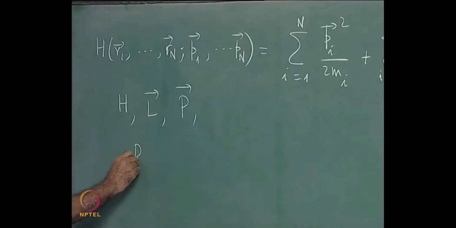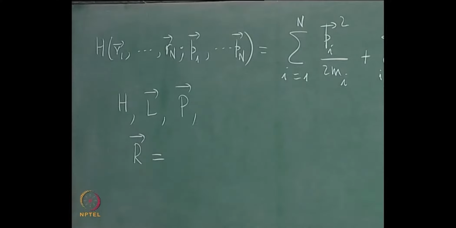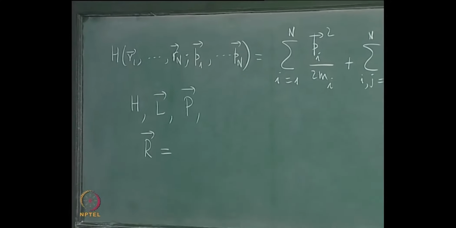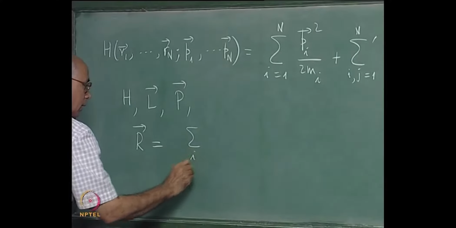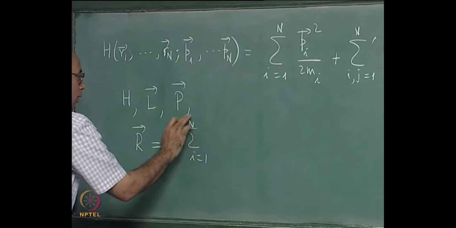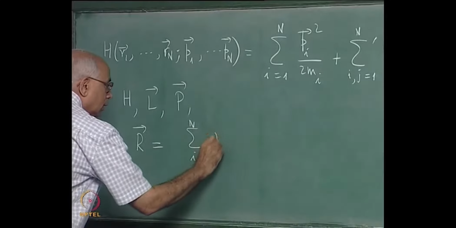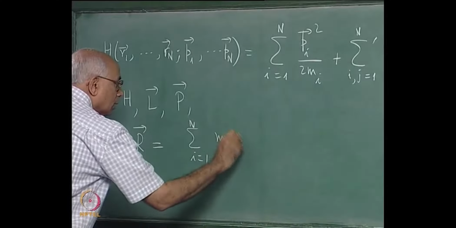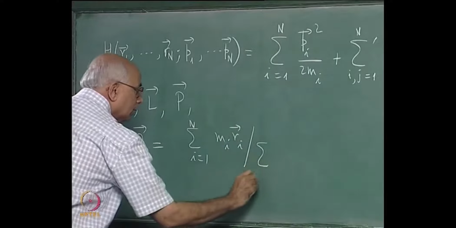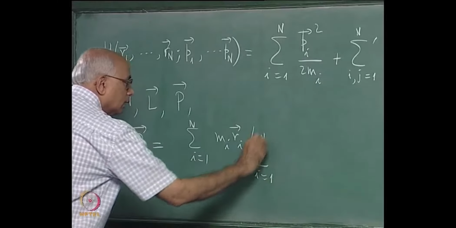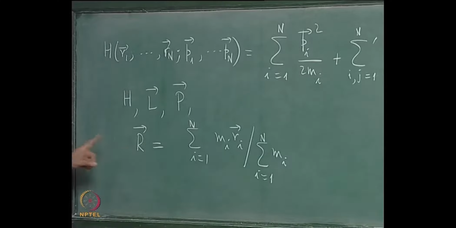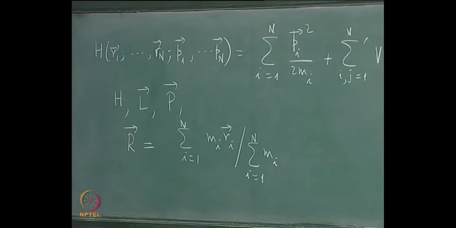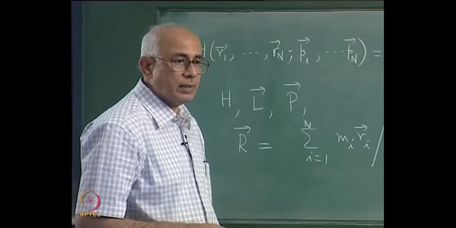Consider this coordinate R, the coordinate of the center of mass of the set of particles. This is defined in the standard way as the summation from i equal to 1 to n of m_i times R_i, divided by the summation of m_i, the total mass. This is the instantaneous coordinate of the center of mass of the entire system.